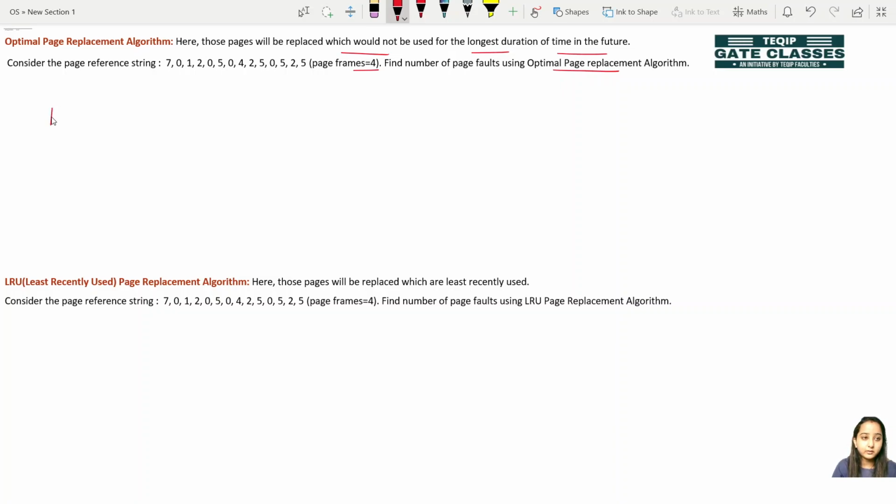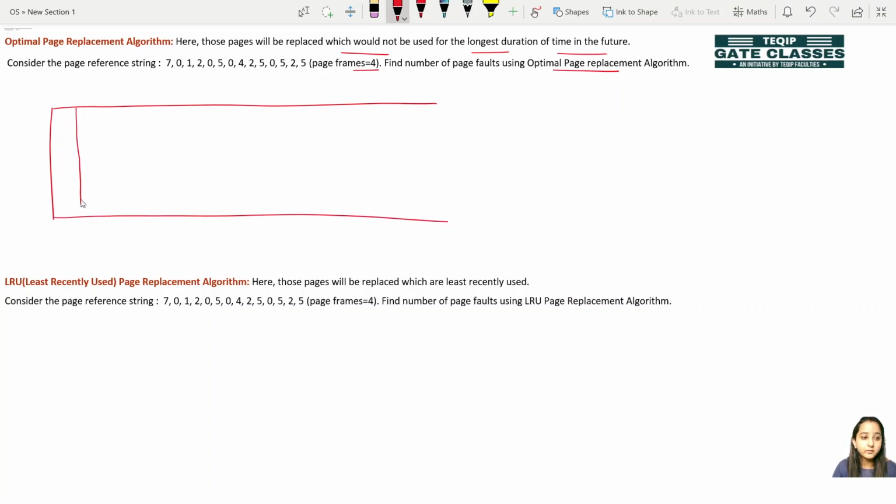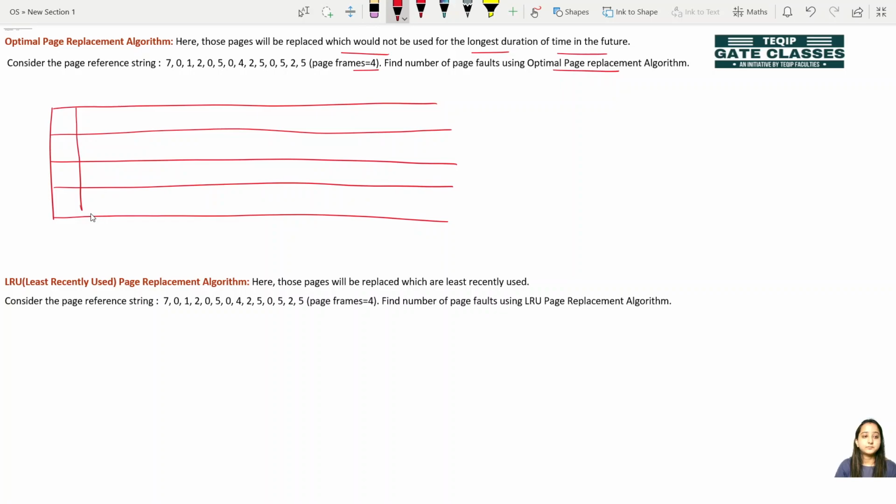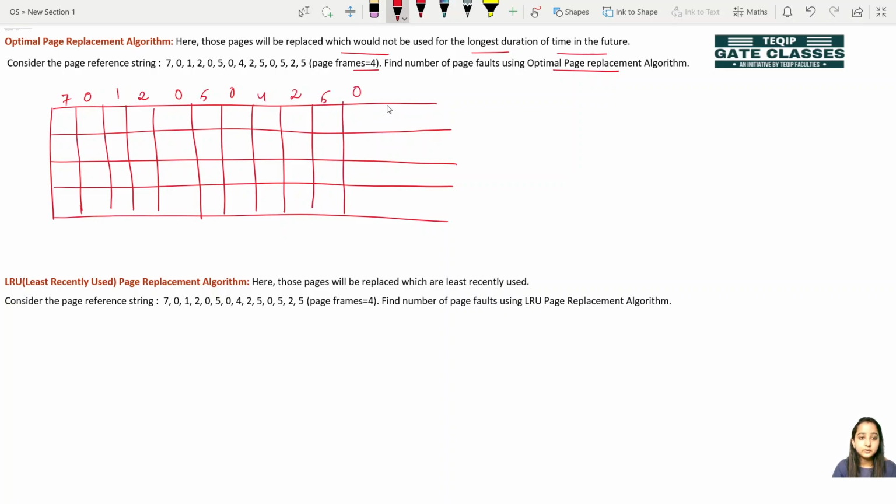Okay, so let me take the 4 frames. Let me write the string 7, 0, then 1, then 2, then 0, then 5, then 0, 4, followed by 2, 5, 0, 5, 2, then 5, then 2, 5.